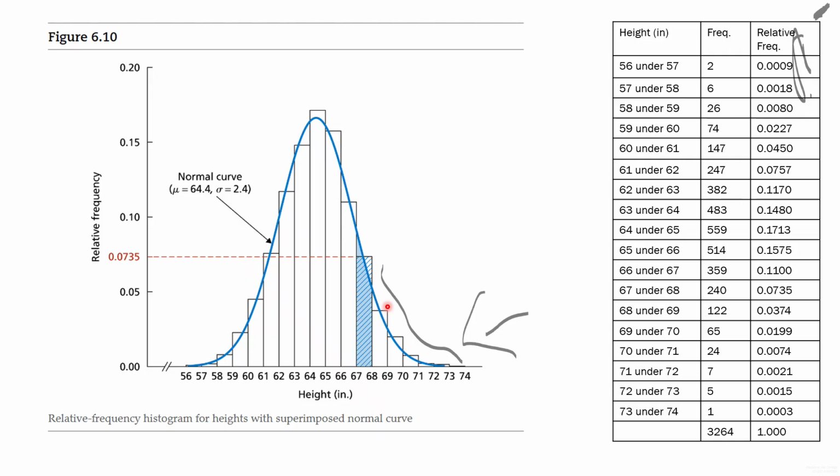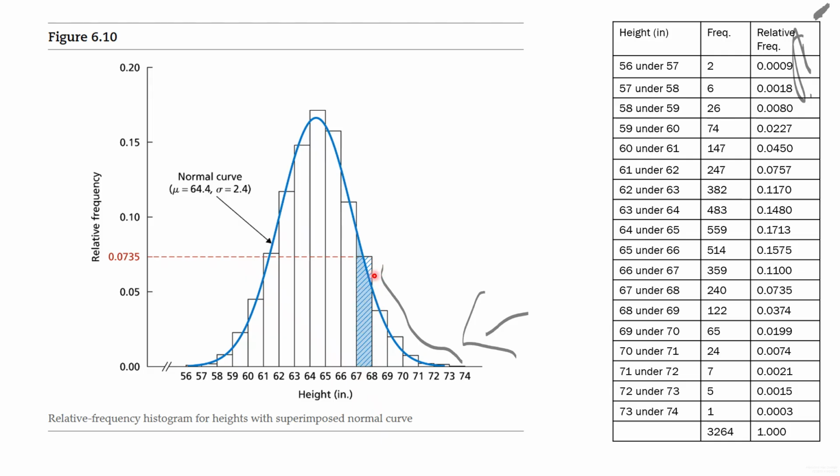Well, what it means is that we can approximate the percentage of students that are within a certain height range by looking at the area under the normal curve. In this example, say we wanted to find the percentage of students between 67 and 68 inches tall. You can see that here, 67 to 68, and we've highlighted all of this right here.